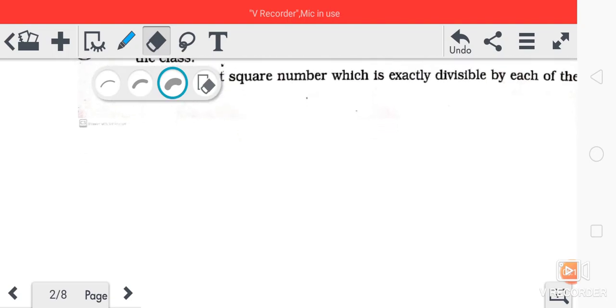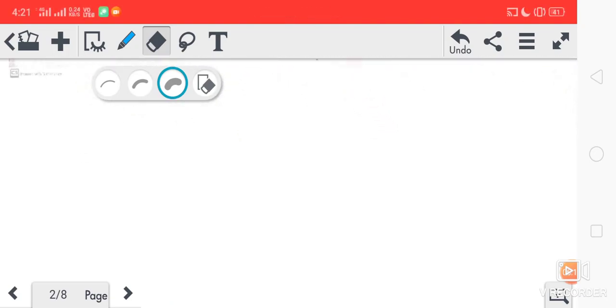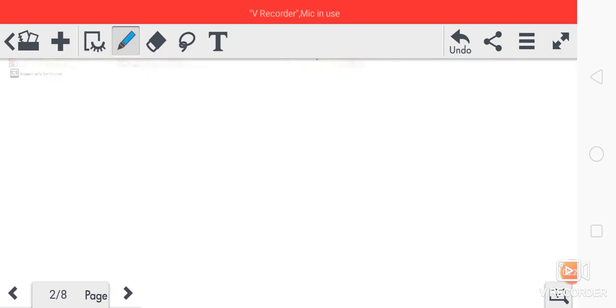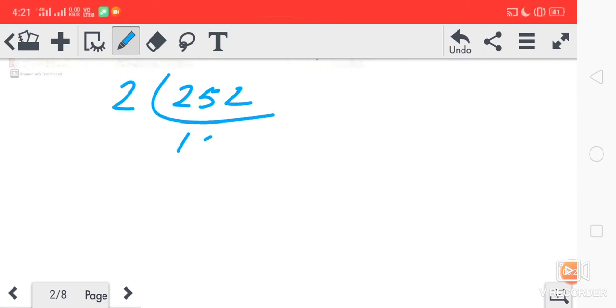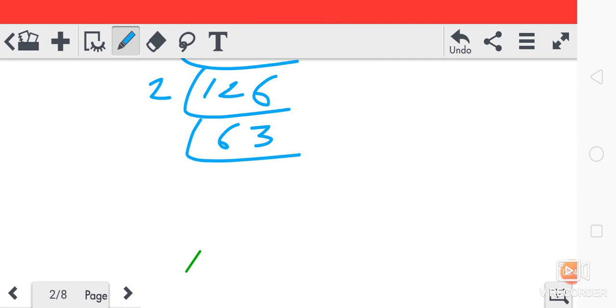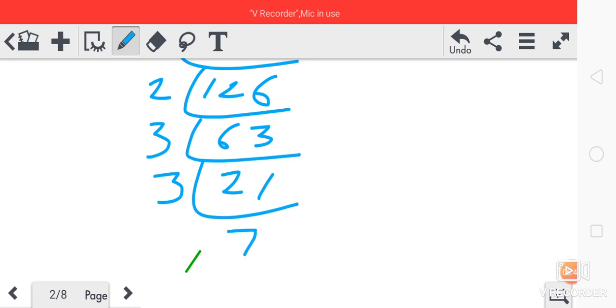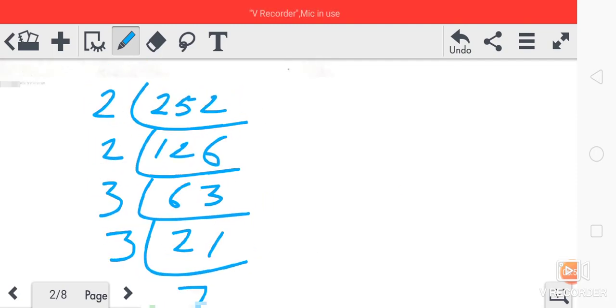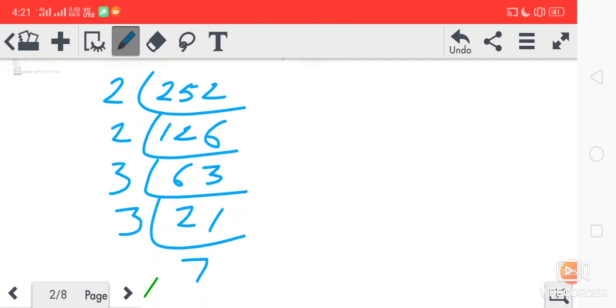We have to do the prime factorization of 252. 252 divided by 2 is 126, and again by 2 is 63. Then 63 divided by 3 is 21, and again 3 times 7. Now 7 is a prime number, so we have to stop our prime factorization here.